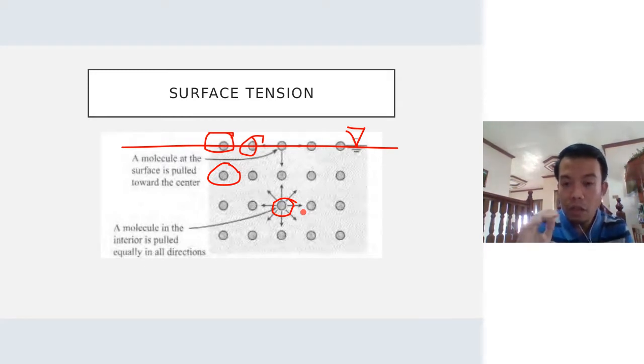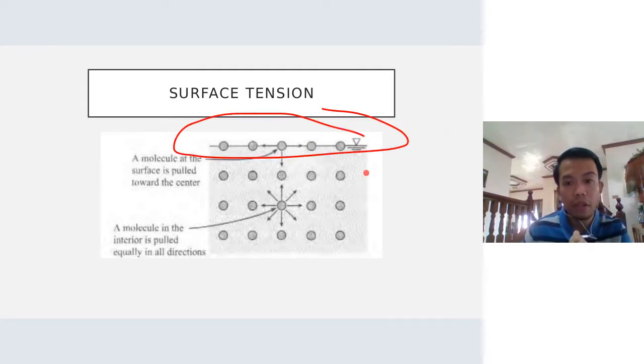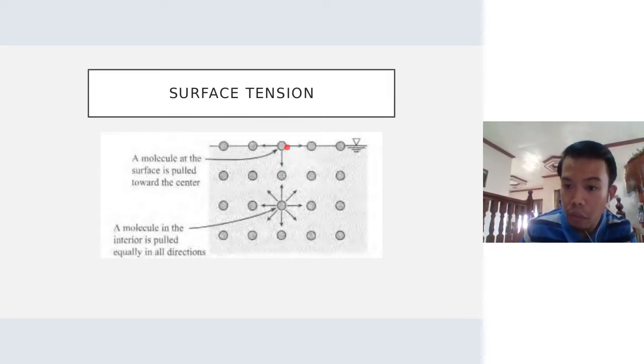Okay? In contrast, we can look at the molecules at the surface. They are pulled toward the center because they have no liquid molecules above them. So, this molecule is attracted to this molecule and this molecule. They are pulled down, while the molecules in the middle portion of the liquid get attracted in all directions.